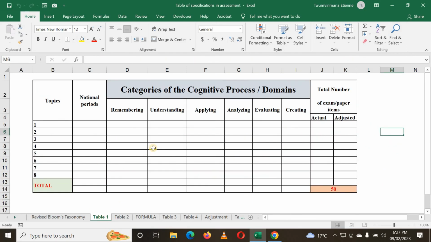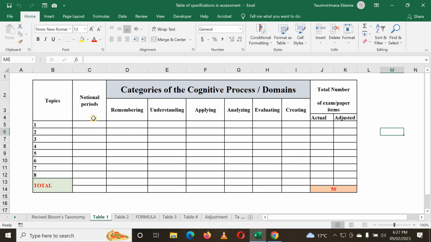Here you see this is how our table looks. This is a general idea of a table of specification. You can have not only 8 topics, you can have more than 8 topics.